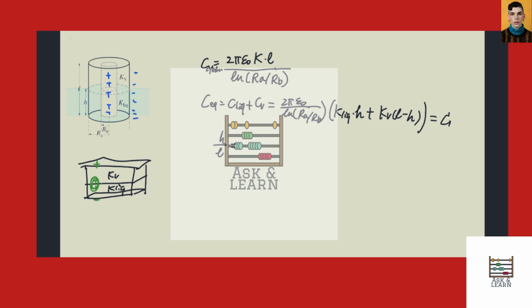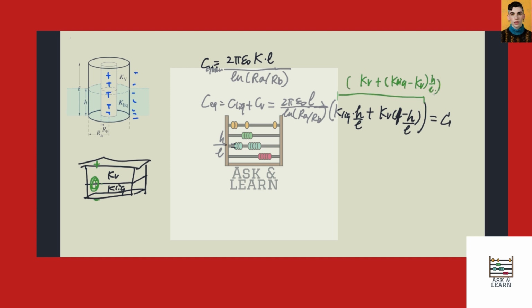If we times L here and divide L here, this becomes 1 divided by H over L. Good. Now we can rearrange it. This parenthesis is equal to K vapor plus K liquid minus K vapor times H over L.